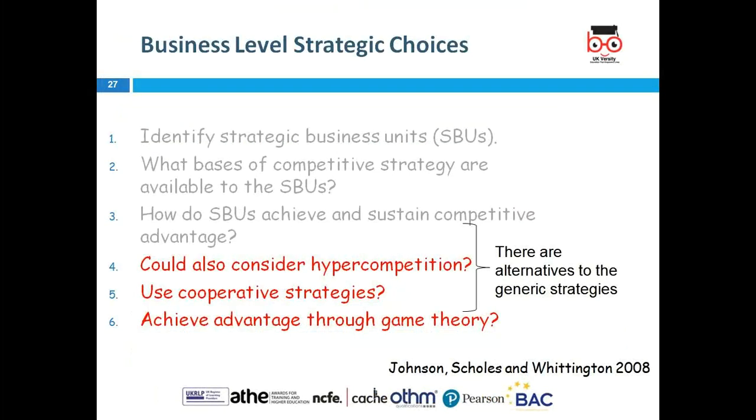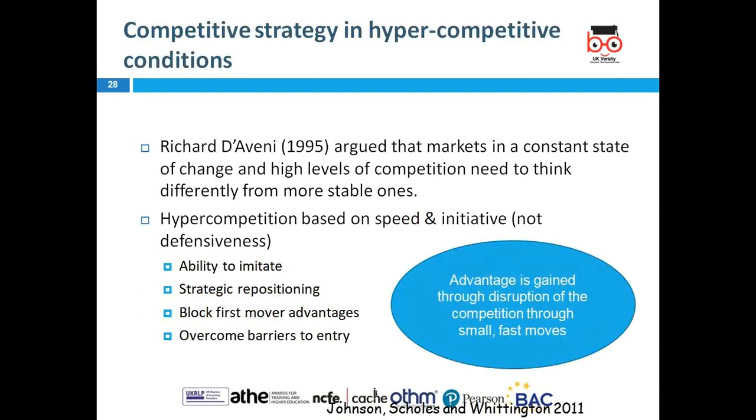No, no. Okay. Next, we're looking at business level strategies, strategic choices. Hyper competition could be considered an alternative to the generic strategy, using cooperative strategies and achieving advantage through game theory. So, competitive strategy in hyper competitive conditions: according to Richard, the market is in a constant state of change.